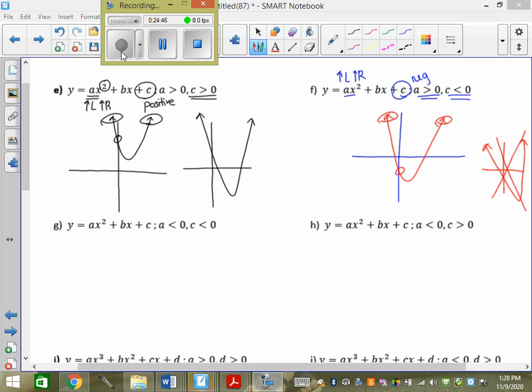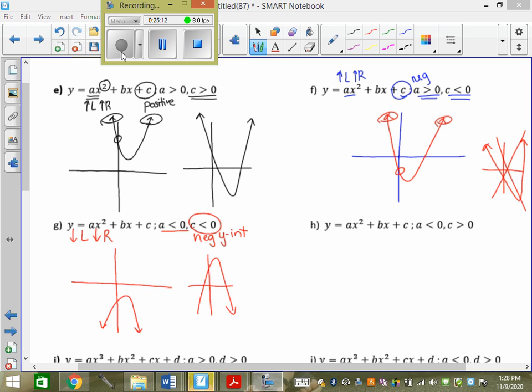This one here, A is less than 0. So it's down on right, down on left. And C is less than 0, so I need to have a negative y-intercept. So the whole thing could be below, right? Or you could have gone like that. Ooh, that's not true. That's a bold-faced lie.